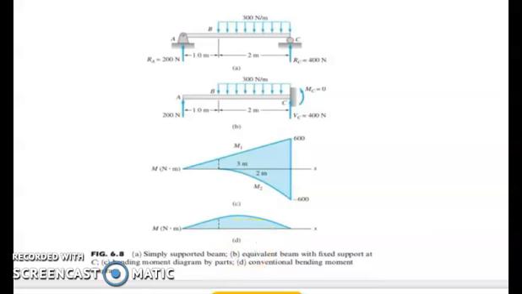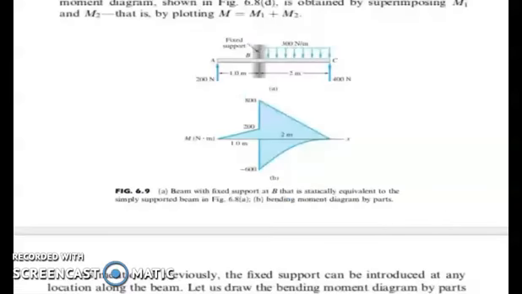So for this one, we have this figure D. After we have drawn our reaction at point A and point B, we have our fixed support at point B. We choose point B as our fixed support. So we draw our bending moment. It starts with 200 times 1, so that is 200. You draw the line, you draw the triangle.